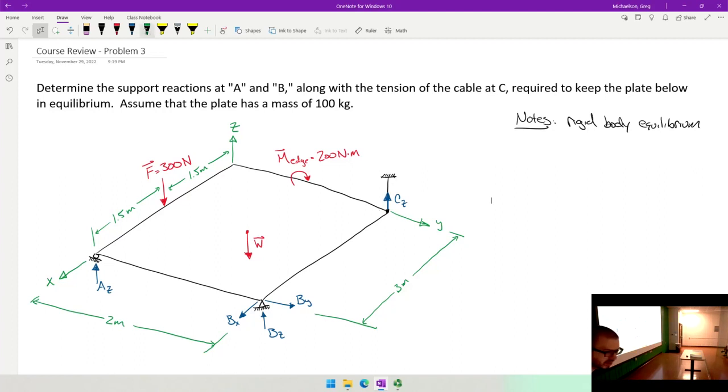And so what I'm going to do is sum moments here. As I would really with any equilibrium problem, I want to try and sum moments at a location where I am eliminating as many unknowns as possible. Okay? So the first thing we ought to do is let's just take the time and describe our forces.